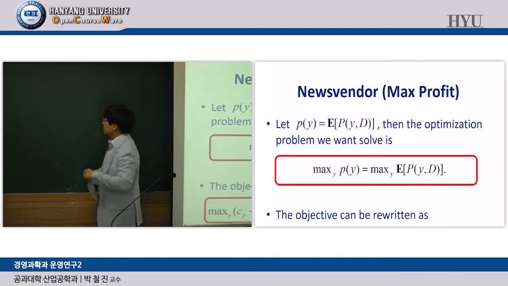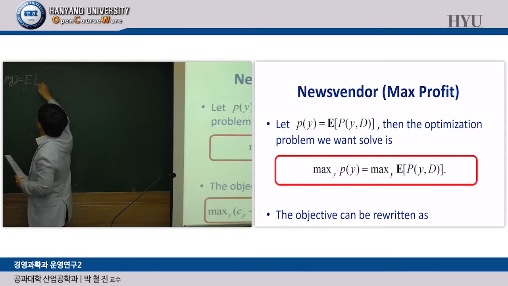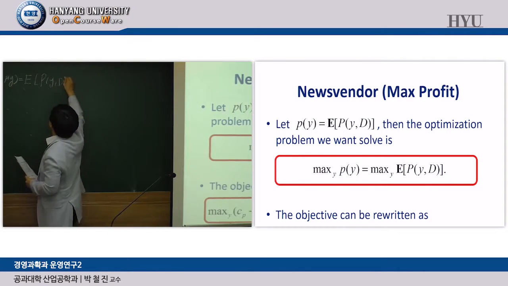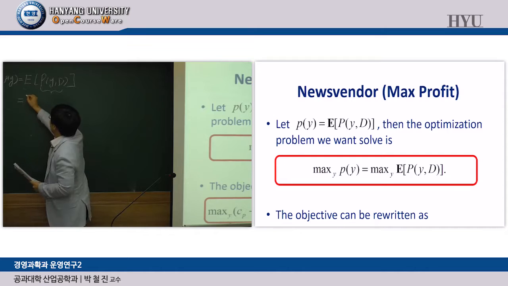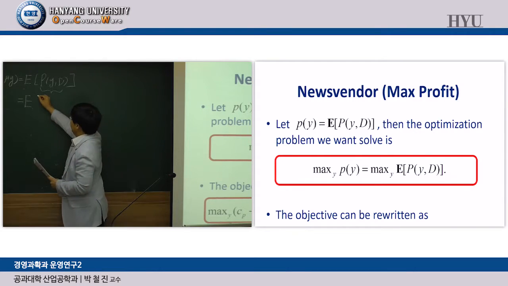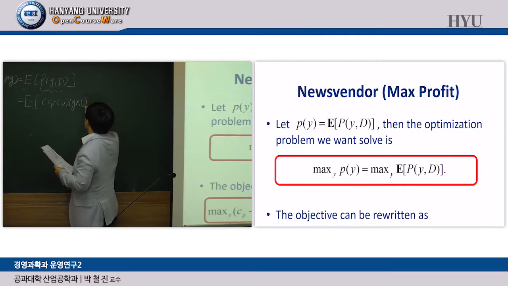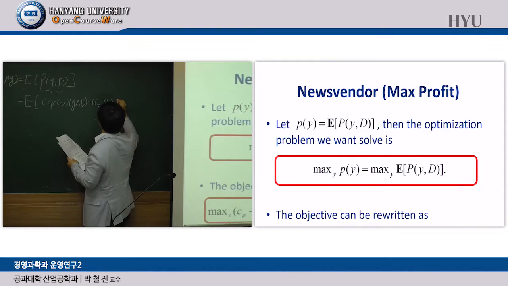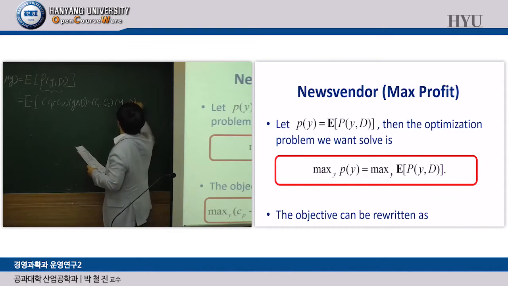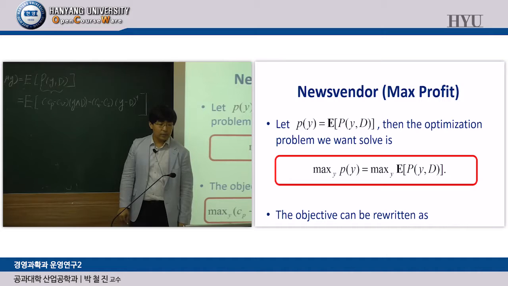This small p of y is actually the expected value of large P of y and D, and this can be rewritten as c sub p minus c sub v times the minimum of y and D, right? Minus c sub v minus c sub s times the maximum of y minus D and 0, right?